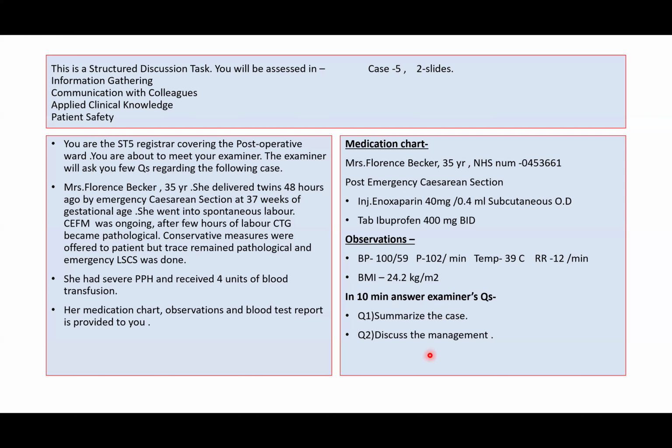Also I will check if a drain is there, then what is the output in the drain. I will also do a vaginal examination, in which I will check for any abnormal vaginal discharge or any bleeding, and I will also do a leg examination. I will check for any swelling, tenderness or redness.